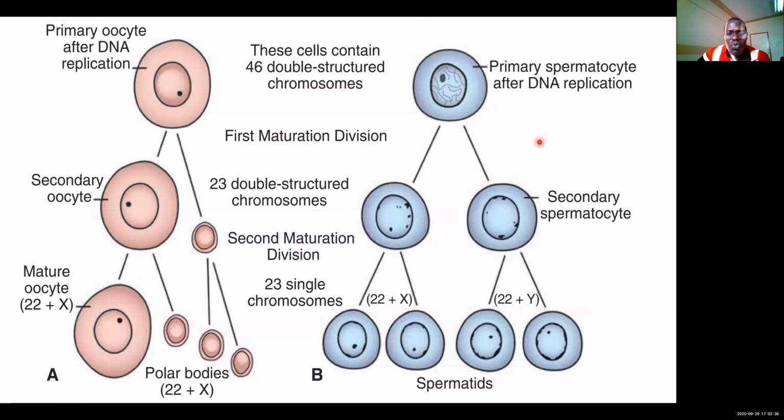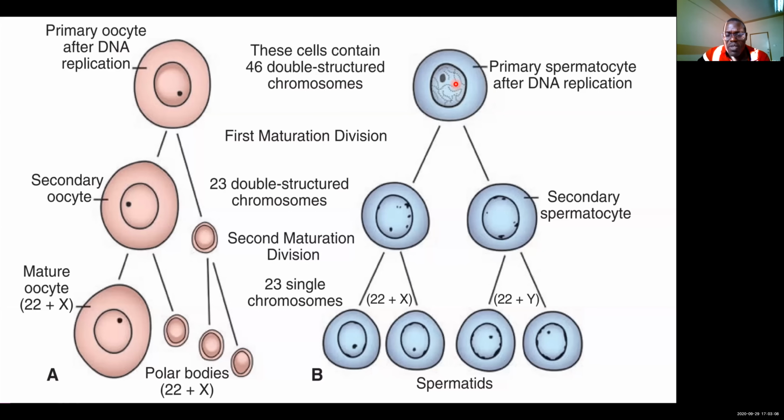This is different from what happens in spermatogenesis. The primary spermatocyte undergoes the first meiotic division to give you two secondary spermatocytes equal in size. Secondary spermatocytes also undergo the second meiotic division, giving rise to 4 spermatids. All of them are equal in size, which is equal to saying all of them are viable.